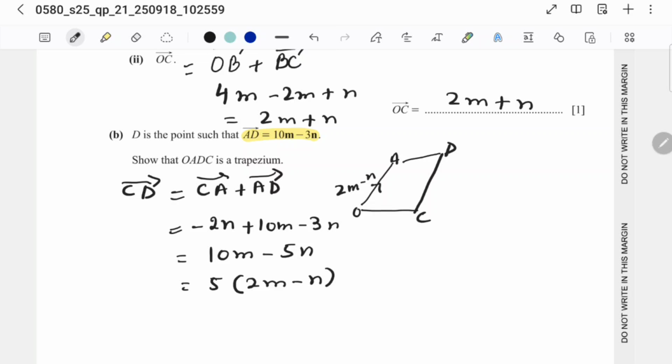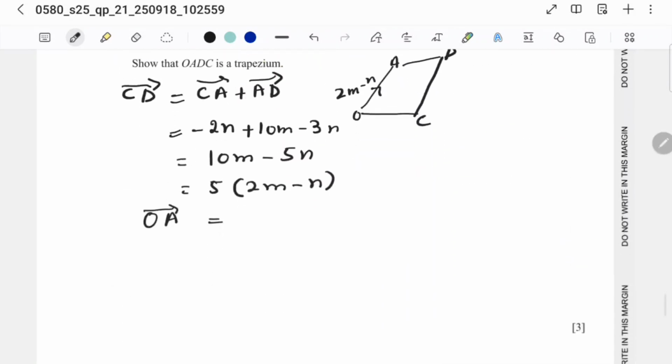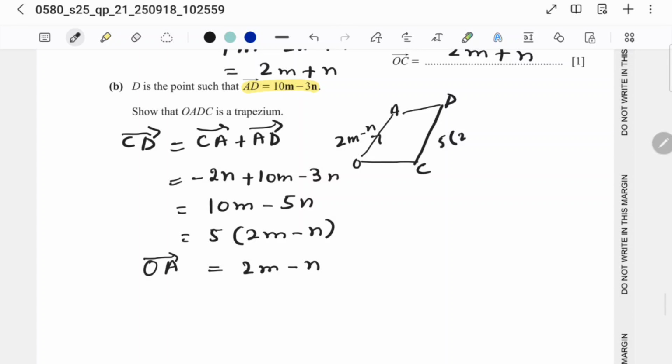Okay, and we know that OA is 2m minus n. When OA is 2m minus n and CD is 5 times 2m minus n, it means they are parallel lines.